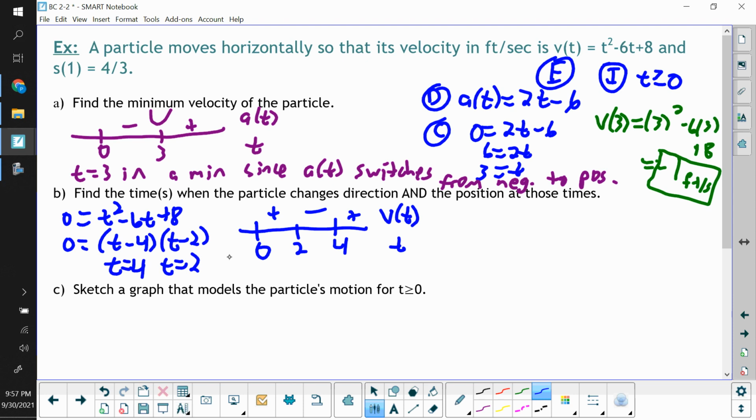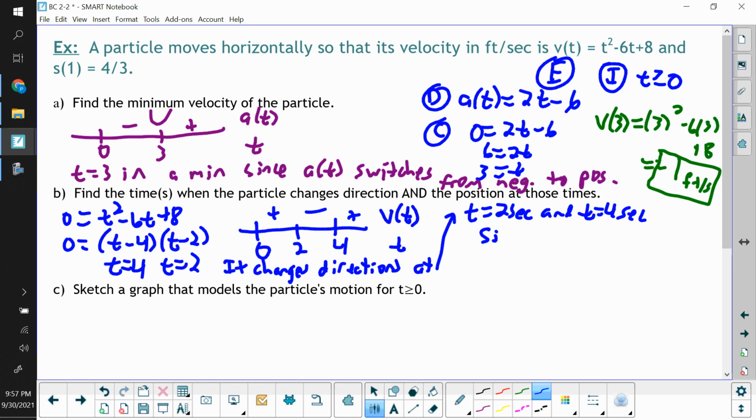So we can say it changes directions at, I'm going to go up here to save some space, at t equals 2 seconds and t equals 4 seconds, since v of t switches signs.